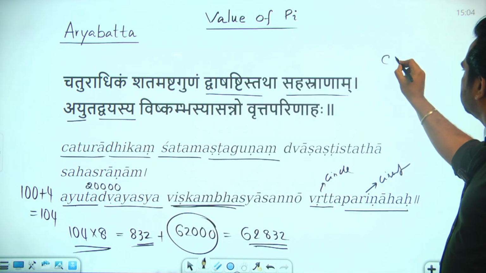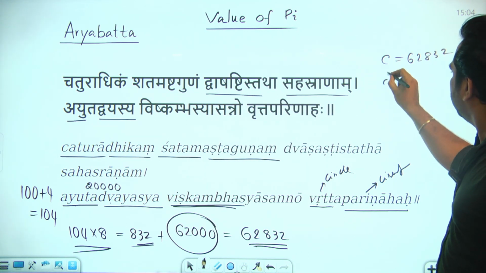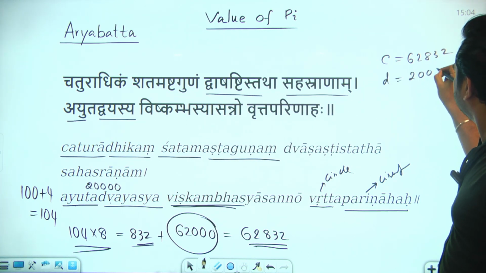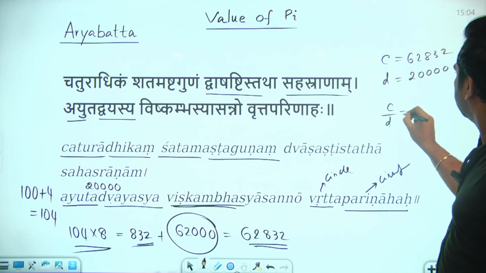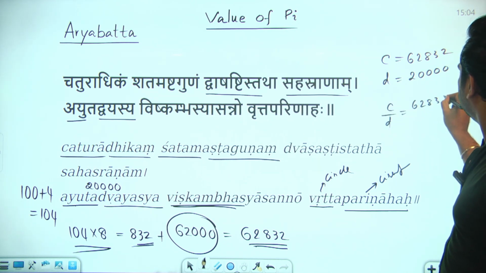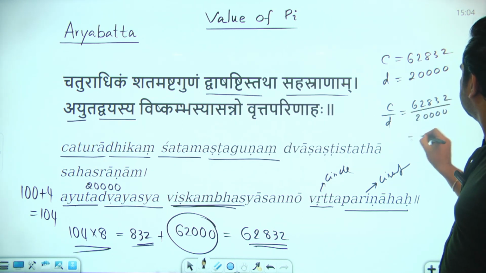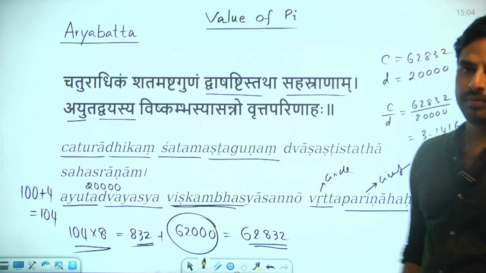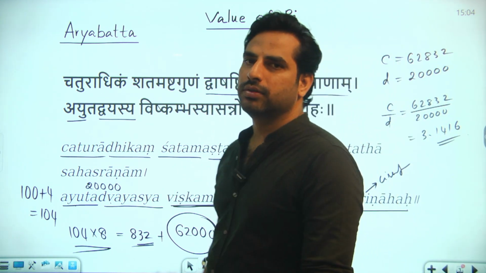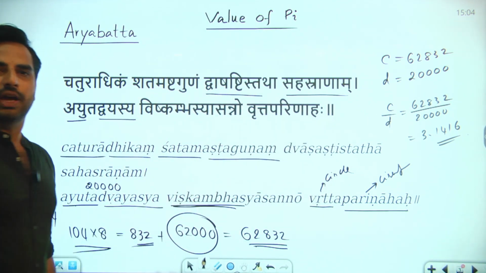So circumference is 62,832 and the diameter is 20,000. And if you divide C by D, this is 62,832 divided by 20,000, which is 3.1416.